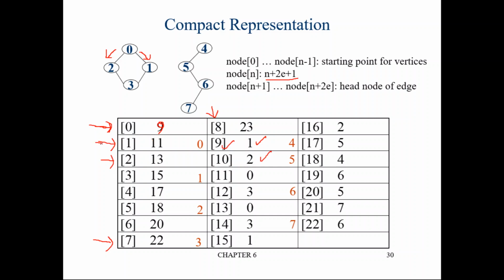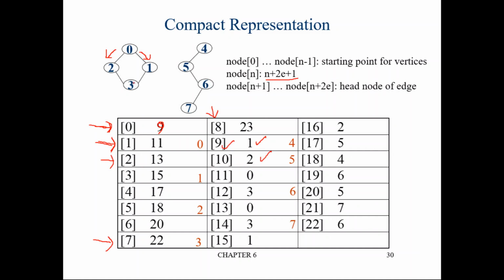So for vertex 1 we will put 11. Why? Because vertex 0's edge detail is available from 9th location to 10th location. So the next value is 11. Okay, fine. So in the 11th location you have to specify the edge details of vertex 1.